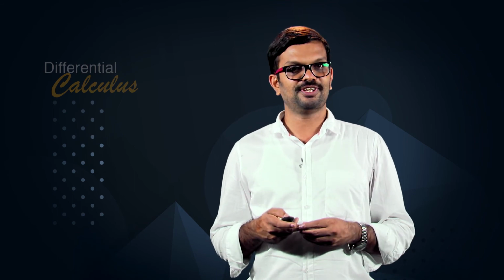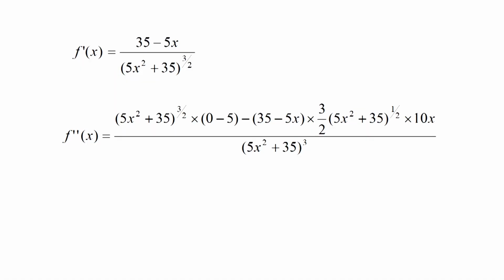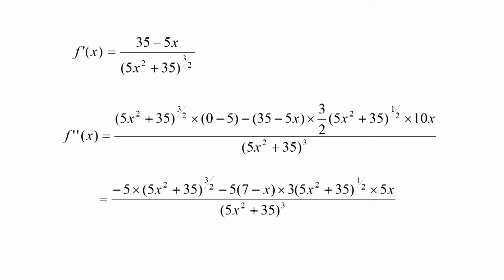Now, f'(x) = 0 implies 35 - 5x = 0, which gives x = 7. f''(x) = [(5x² + 35)^(3/2) × (0 - 5) - (35 - 5x) × (3/2) × (5x² + 35)^(1/2) × 10x] / (5x² + 35)³, which is equal to [-5 × (5x² + 35)^(3/2) - 5 × (7 - x) × 3 × (5x² + 35)^(1/2) × 5x] / (5x² + 35)³.